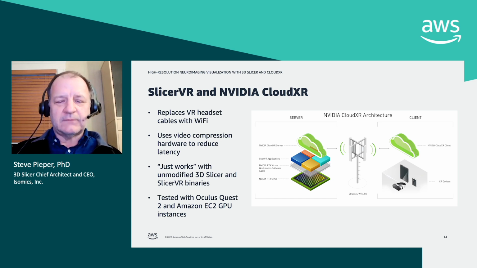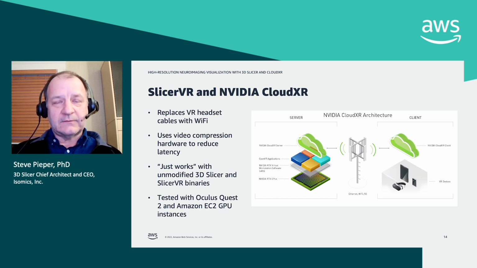So AWS, for example, offers images and easy-to-boot machines, which bring up a service that you can then have CloudXR running in. And on the client, you need a CloudXR client, but it's available for most of the current standard mainstream VR headsets.